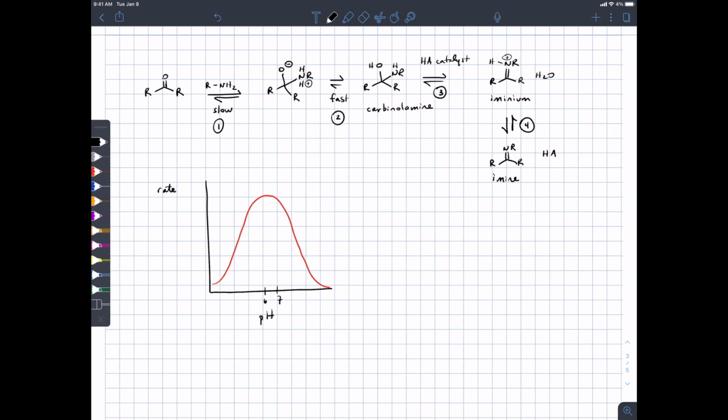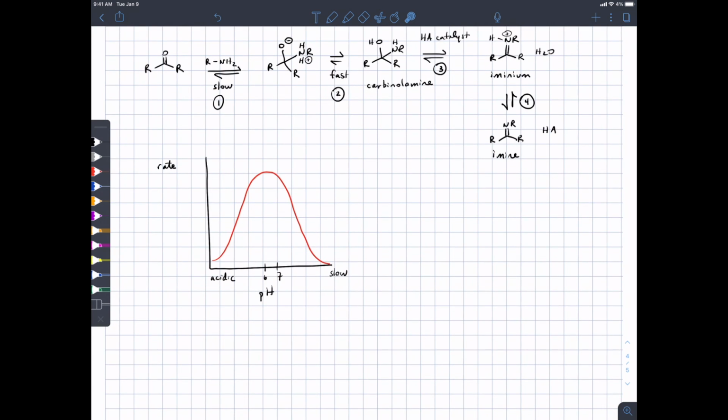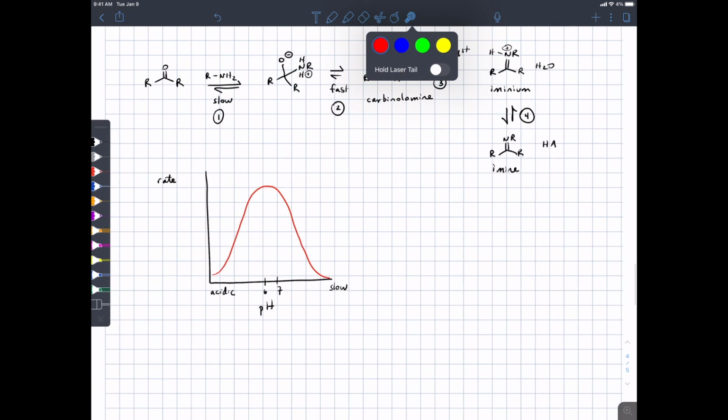Much above that, the rate is very low. Also, much lower than that, the rate is slow. And pH changes which of these steps is rate limiting.